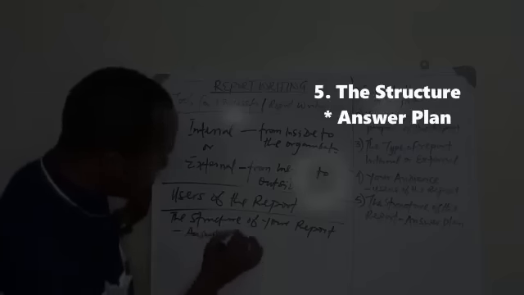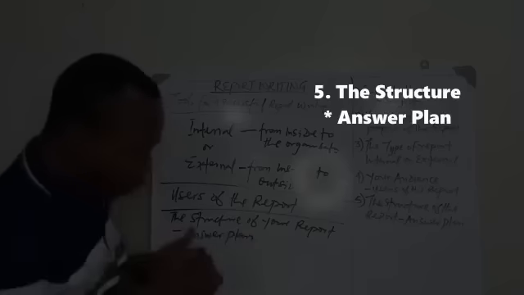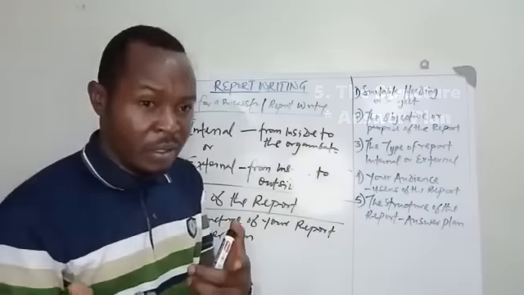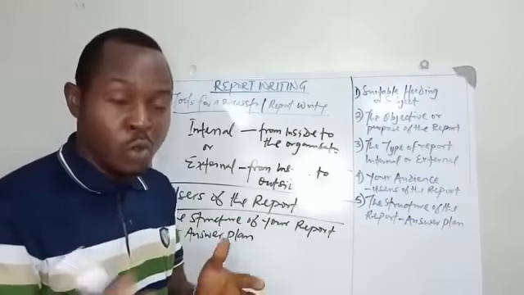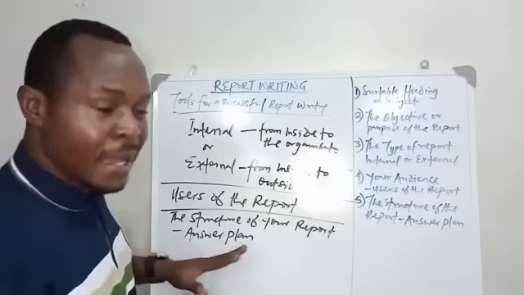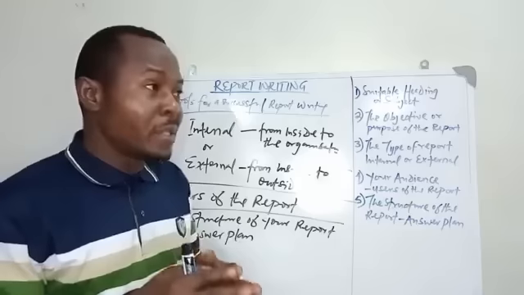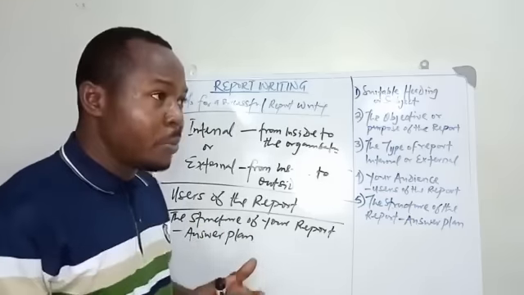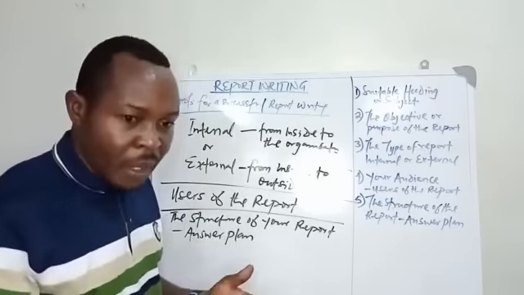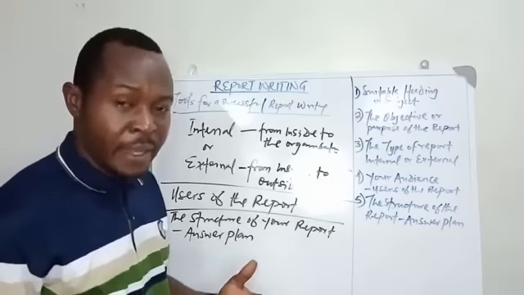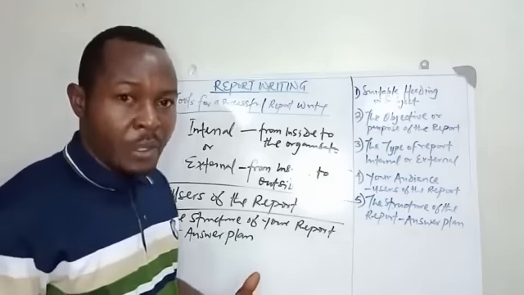Your answer plan, that is how to plan your answers. Like I said in one of our earlier videos, please, you will do well to go through that video. In another video, I talked about the answer plan. This is what I usually do: whenever I want to write a report, I sketch out my points in the order with which I want them to appear. You understand it?